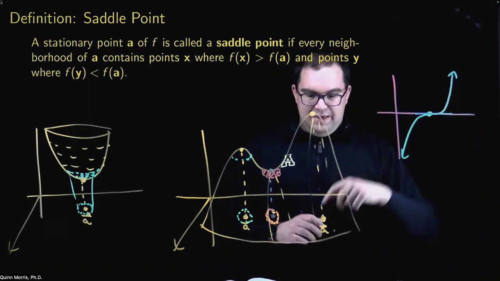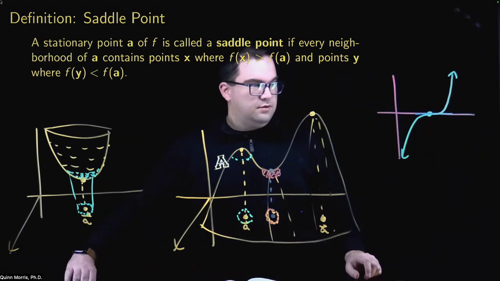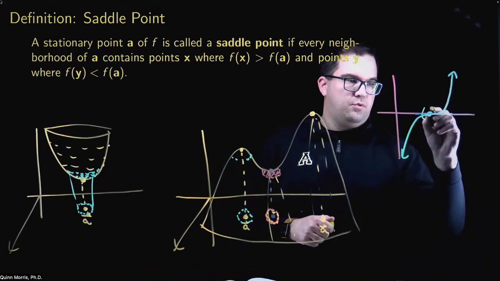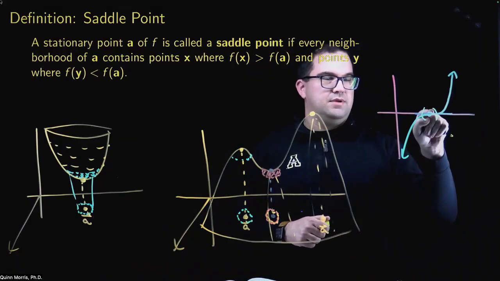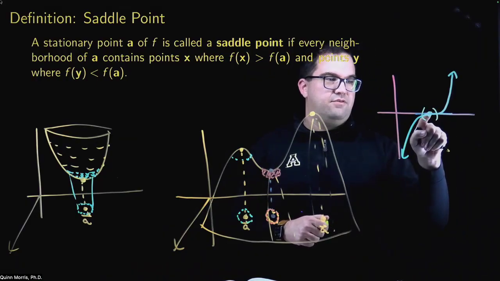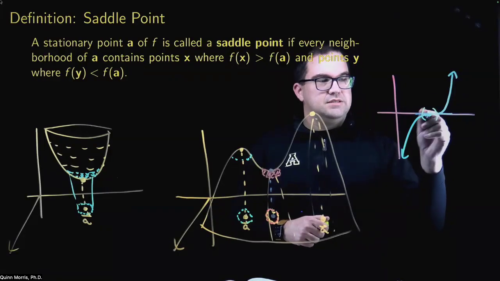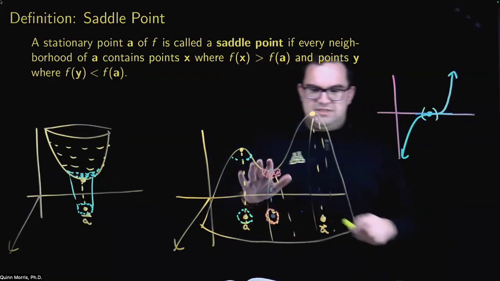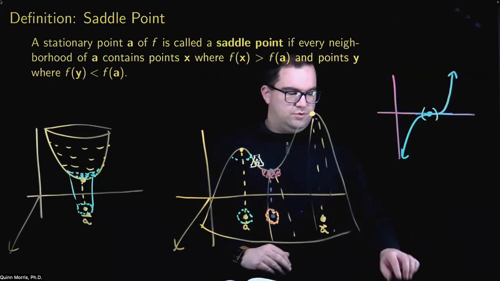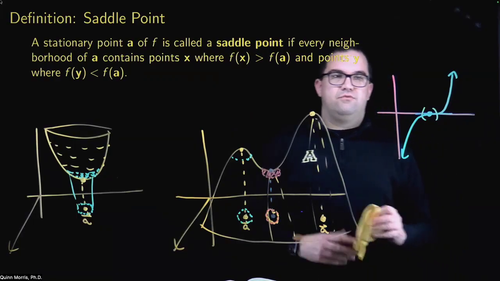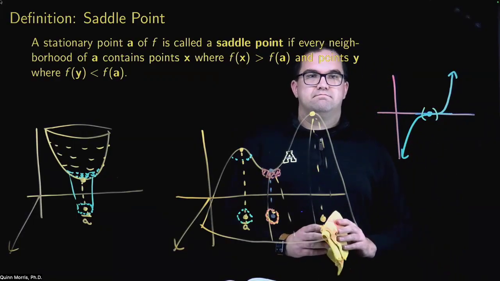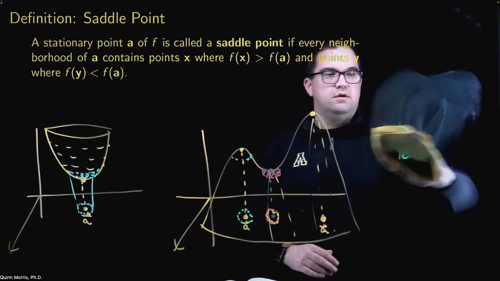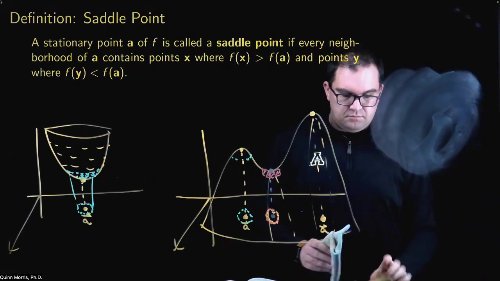But if you take any little neighborhood of that point, some of our function values are going to be just above f of a, which is 0 in this case, and some of our function values are going to be just below that. So in some ways, a saddle point is somewhat analogous to an inflection point from Calc 1 or from Math 5610. All right.